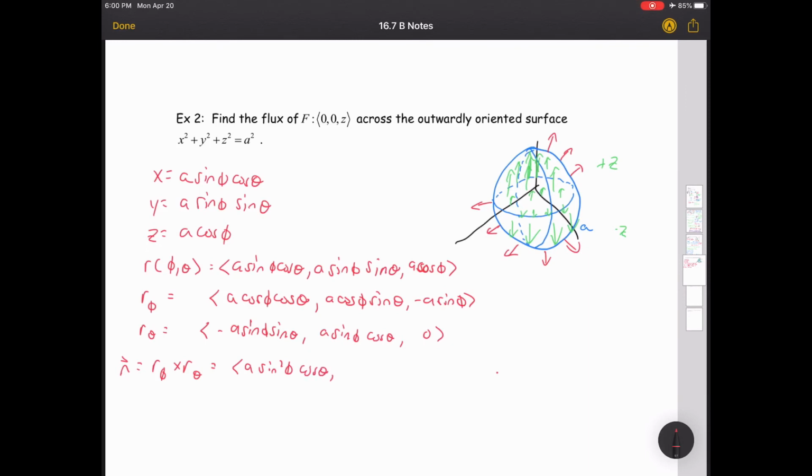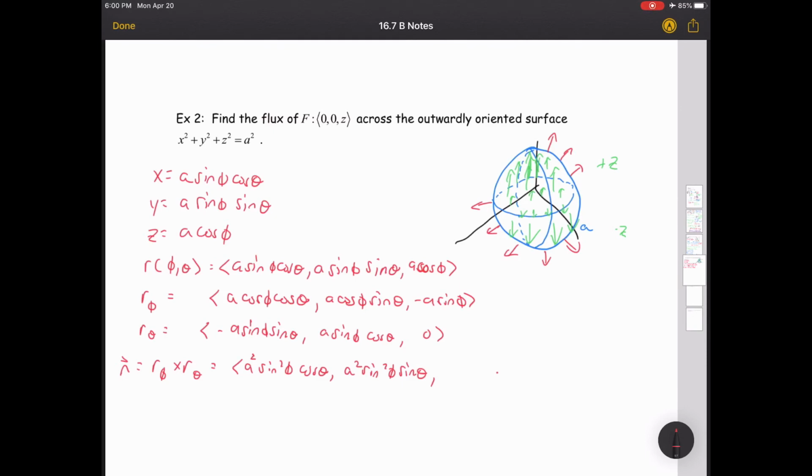If we eliminate the j row and column, we're going to get 0 minus a squared, oops, I should have a square on this first one, so a squared sine squared phi sine theta. Be very careful on these and try to keep this straight. Does that look right? 0 minus, but I have to change the minus to a plus. Okay, so that's correct. And then the last one, if I eliminate the k row and column, it's going to be a little bit longer.